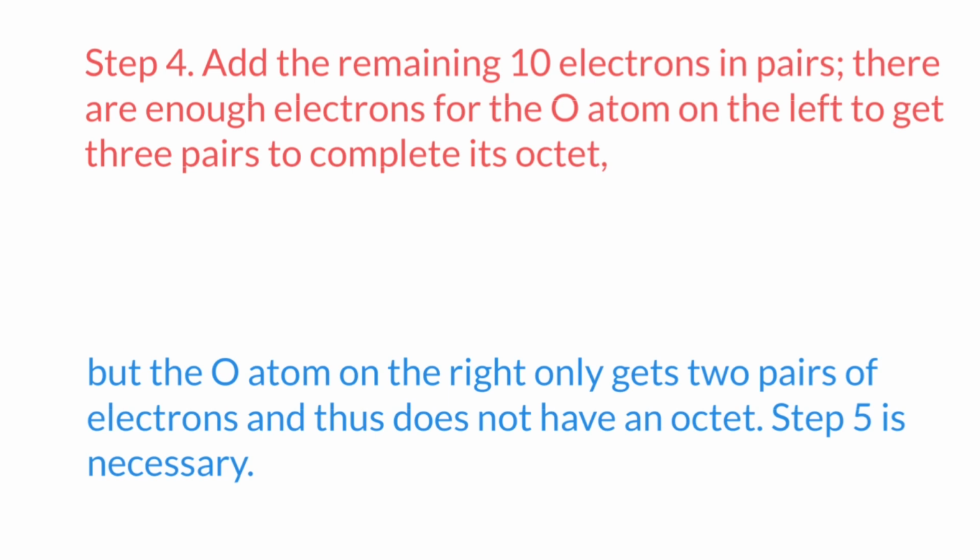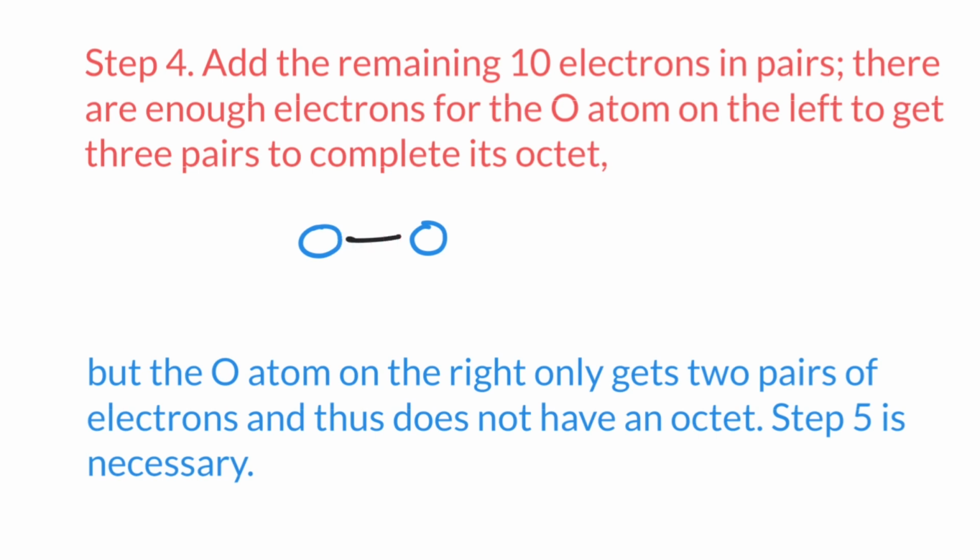Now, step 4. Add the remaining 10 electrons in pairs. There are enough electrons for the oxygen atom on the left to get 3 pairs to complete its octet. Now, according to that rule, oxygen, oxygen, bond. So, for oxygen to get octet already, this is 2 electrons.